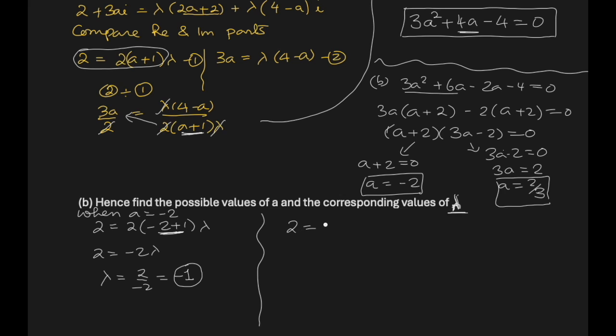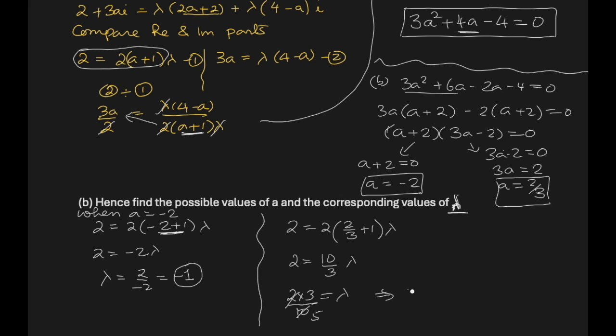Second, 2 equal to 2 times (2/3 plus 1) times lambda. 2/3 is the second value of a I've kept here, so 2 equal to 5/3, so 10 over 3 lambda. So lambda will be 2 times 3 divided by 10.